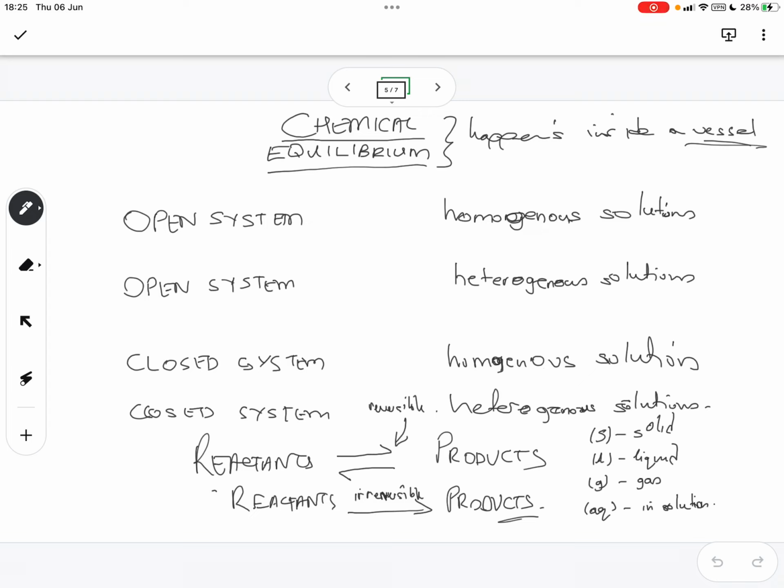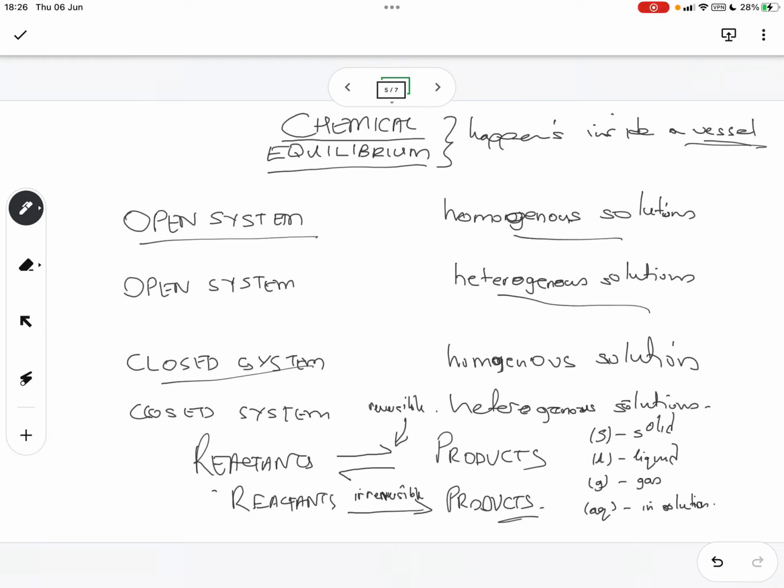And because most reactions in nature are irreversible, the ones that we deal with are reversible and they're not many.